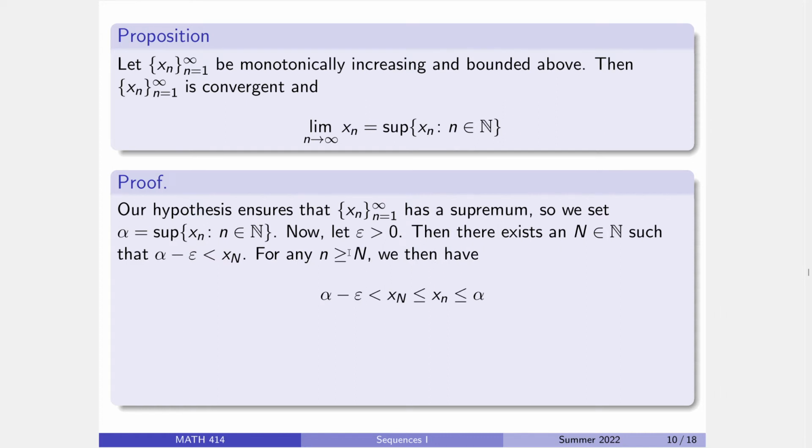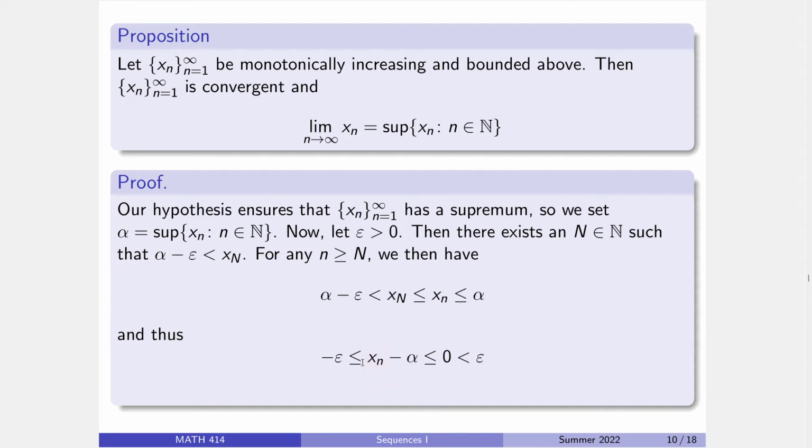Now let n be bigger than capital N. Alpha minus epsilon is less than or equal to x sub N by choice. I'm monotonically increasing, so for n bigger than capital N, x sub n is bigger than that. x sub n is an element of the set here, so it's less than or equal to its supremum. Now subtract everything by alpha, and we get negative epsilon is less than or equal to this.